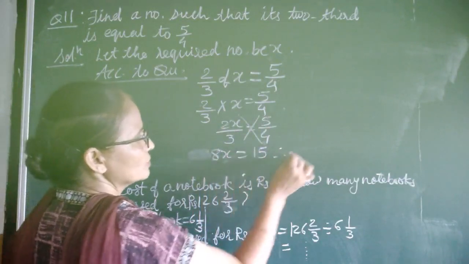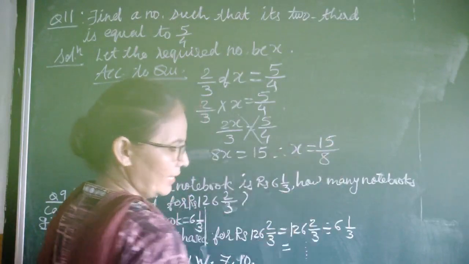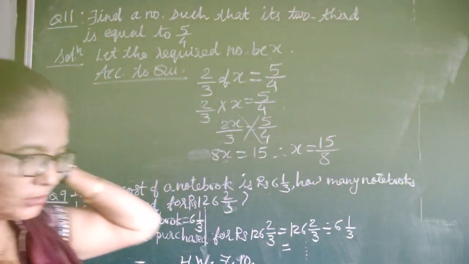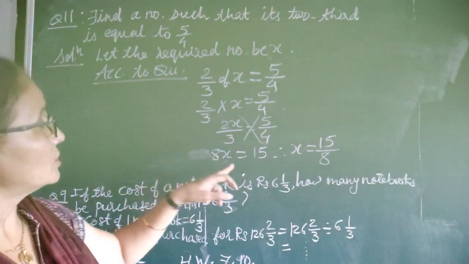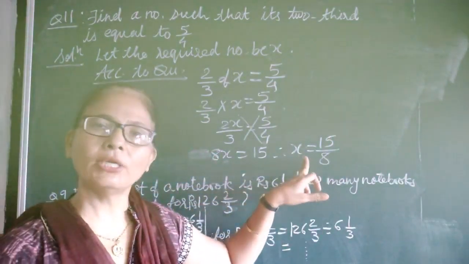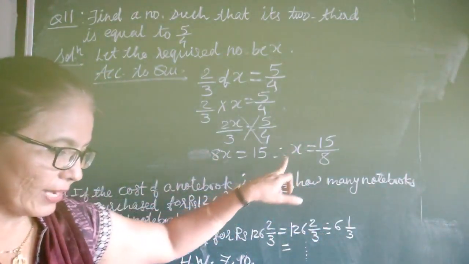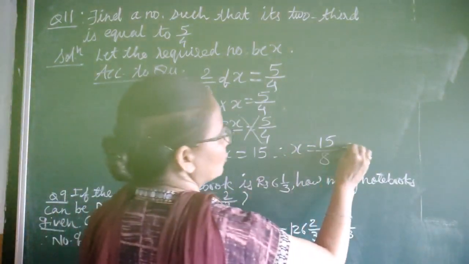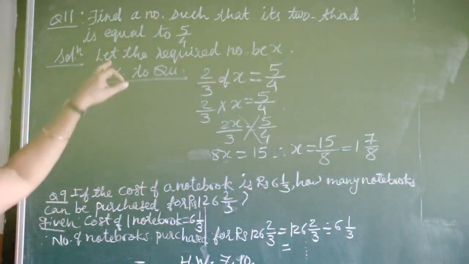Therefore x equals to what? x is equal to 15 by 8. Now this you either convert into mixed or leave it as it is. Both are same. So if you convert 15 by 8 into a mixed fraction, what you will get? 1 7 by 8. And what is that number?